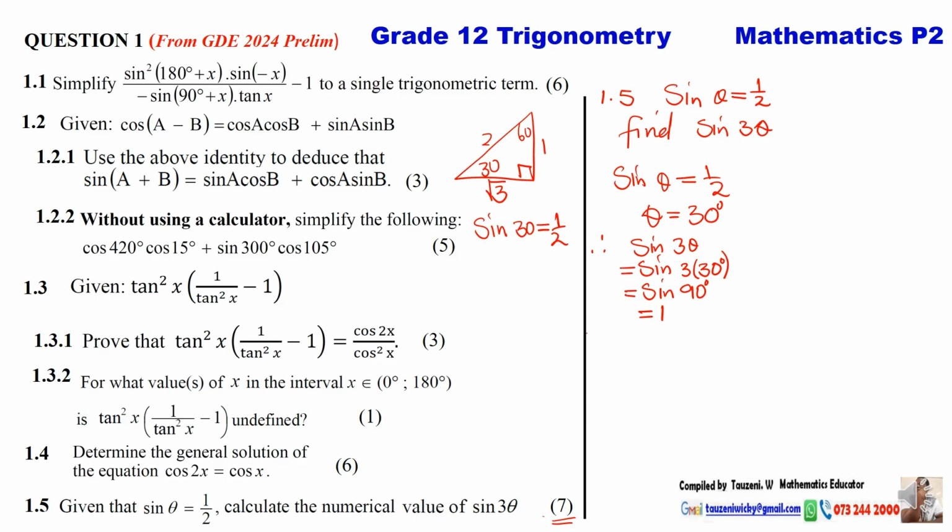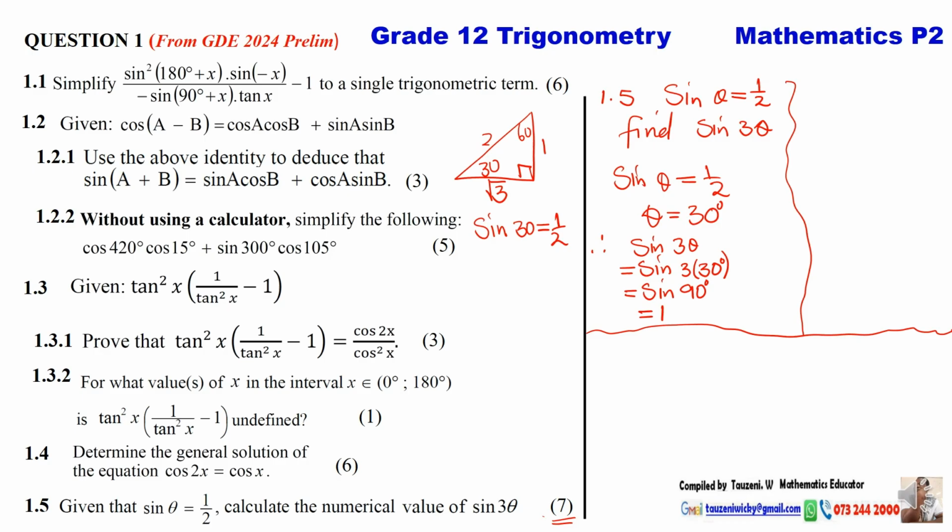So what do we learn? What we may want to also emphasize using the same question? Let's say for a moment that the sine of theta is not equal to 1 over 2, but instead it is equal to something else that we are not able to determine without a calculator.